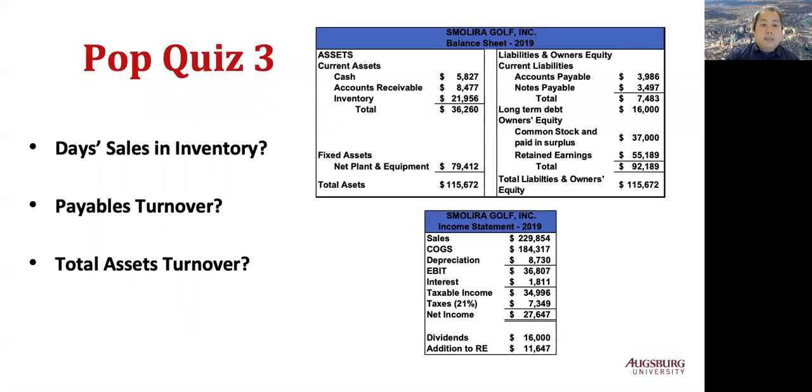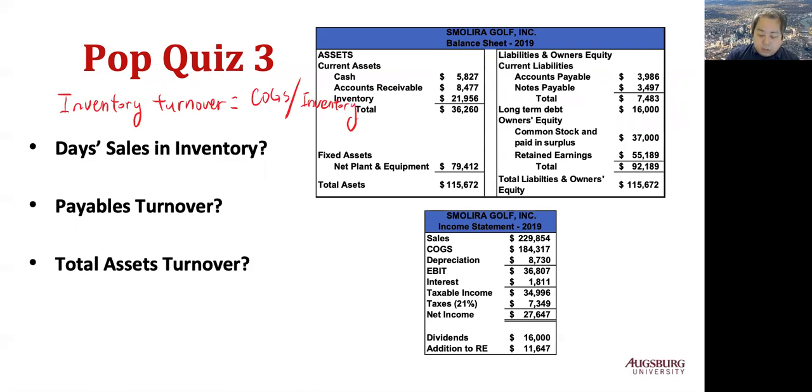To get the days sales in inventory, we need to get the inventory turnover first. Inventory turnover equals COGS, cost of goods sold, divided by inventory.